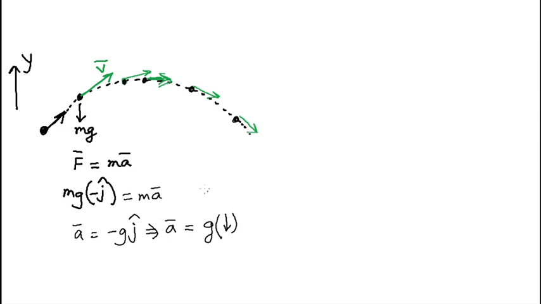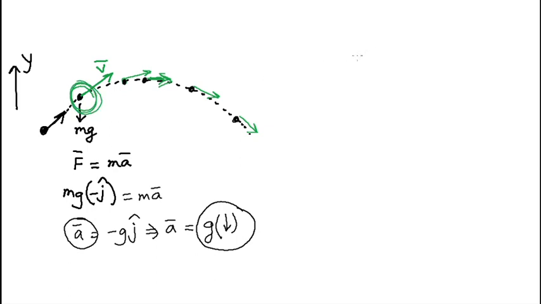Now the amazing thing is our recognition that the acceleration of the particle is constantly equal to g in the downward direction can lead us to the general conclusion that the velocity's direction is going to change in the manner shown in the diagram. For example, let me draw the velocity at the time instant when the particle is over here.